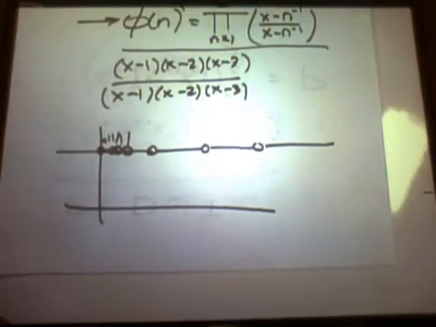While we're on the subject, since Dave's here, are there any functions where you have a dense set of discontinuities that's still Riemann integrable? Is there a function defined on 0, 1 such that any interval, no matter how small, has a discontinuity in it, but yet the function is Riemann integrable on 0, 1?